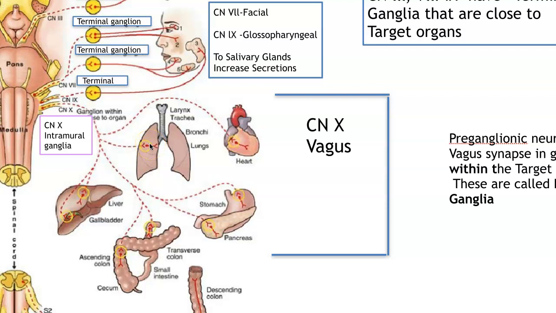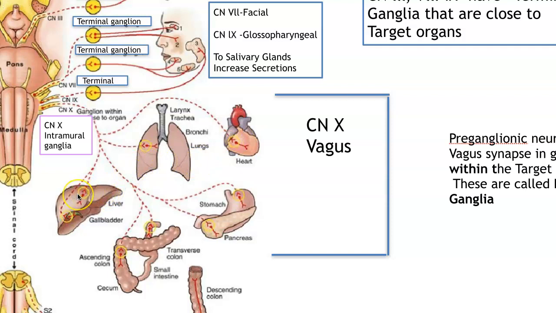Secretions from, remember, respiratory epithelium is PSCC, pseudostratified ciliated columnar epithelium with goblet cells. It's going to increase secretions. This is all for the lungs and the trachea. Bronchoconstriction, increase secretions. In the heart, it's going to slow the heart down.